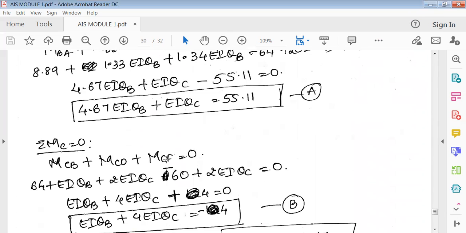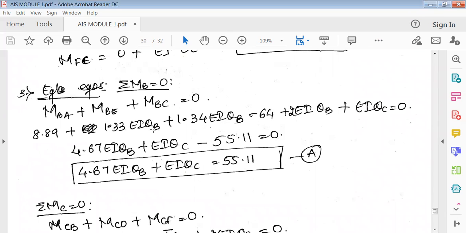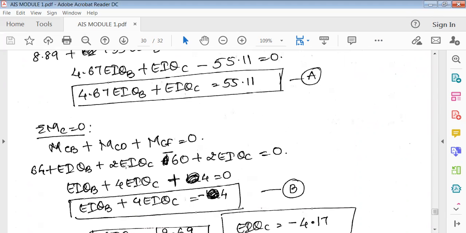So we'll substitute all the equations here. We'll add all of these, and rearrange and simplify in the form of theta B first, theta C, then followed by a constant. Similarly, at C, MCB, MCD plus MCF is equal to 0. Again, write the equations here. Be very careful with the signs here.